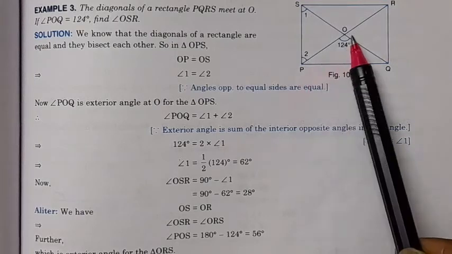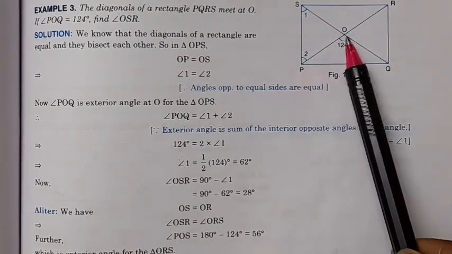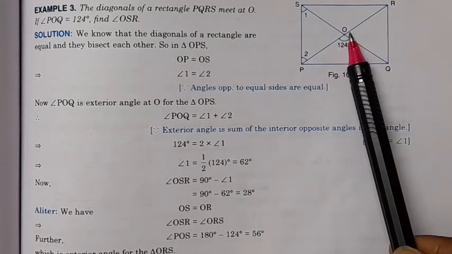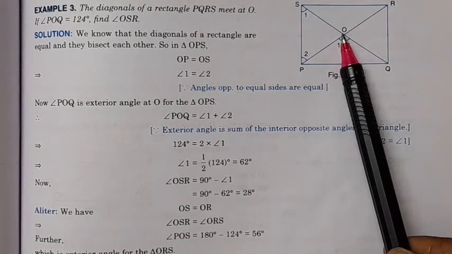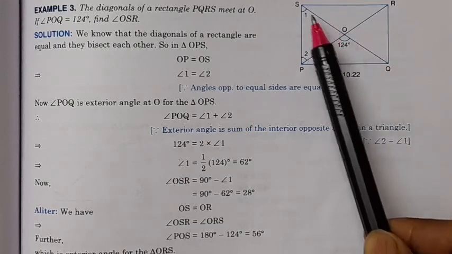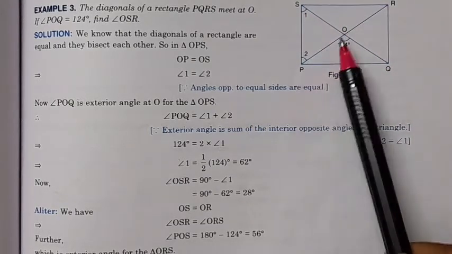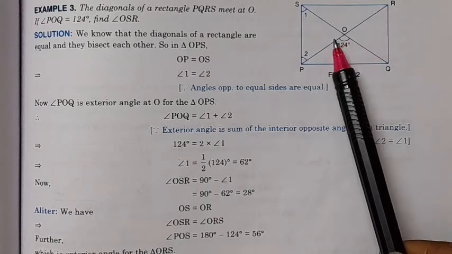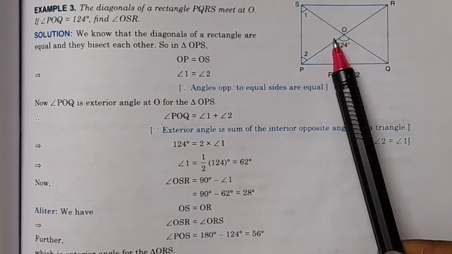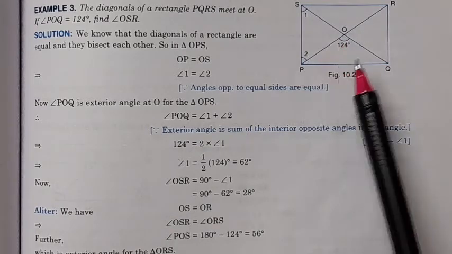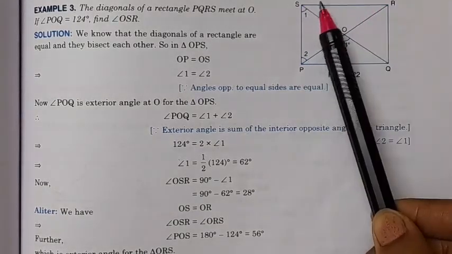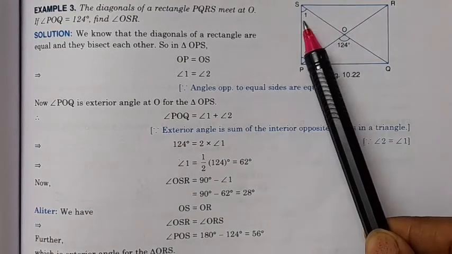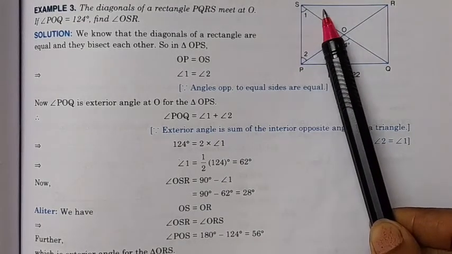Now by angle sum property, we can find angle O. Now which angle O, children? That is angle SOP. Clear? Or what we can do here is angle OSR will be equal to 90 degree minus 1.